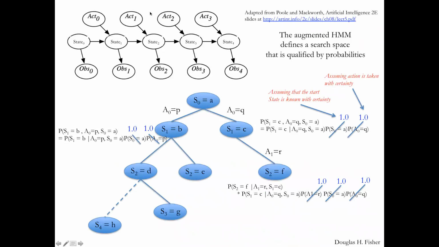This augmented hidden Markov model defines a search space. It specifies a search space. There's going to be a lot of possible initial states, because remember, the domain of this is the set of all possible states. It's the same as the domain for this, the same for the domain of this.